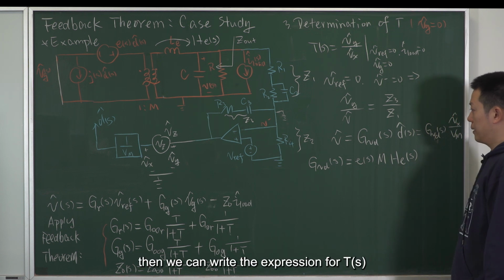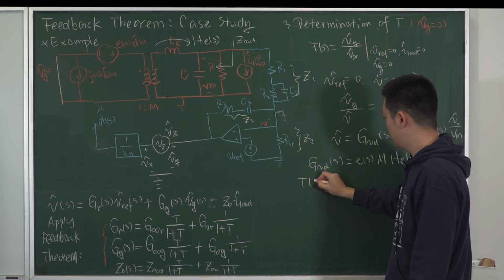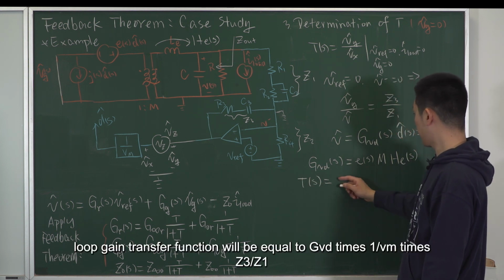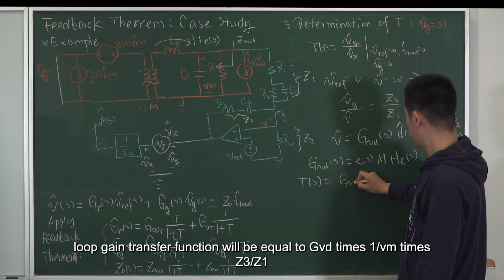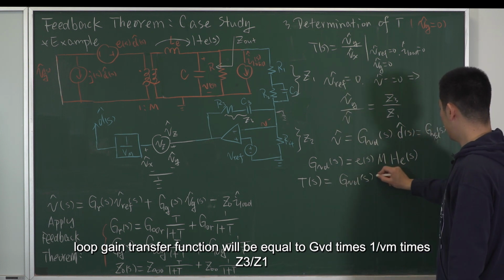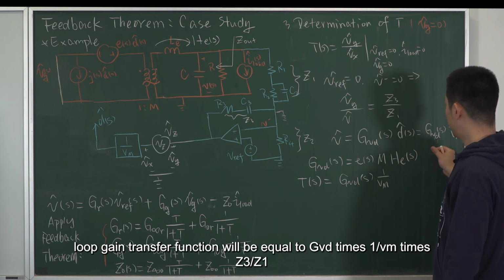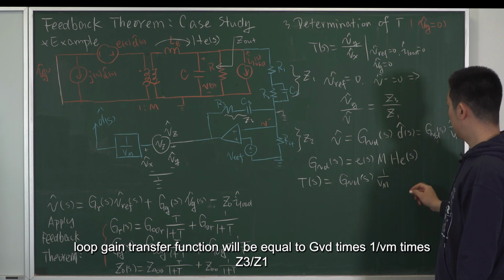Then we can write the expression for Ts. Loop gain transfer function will be equal to GVD times 1 over Vm times Z3 over Z1.